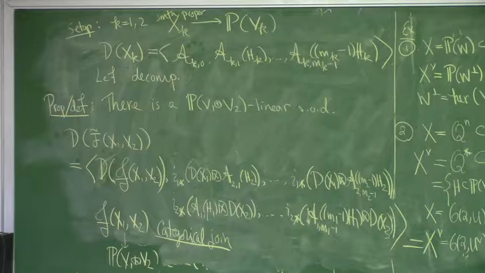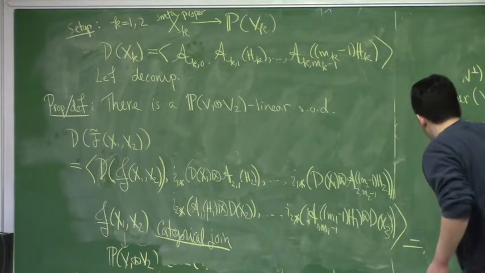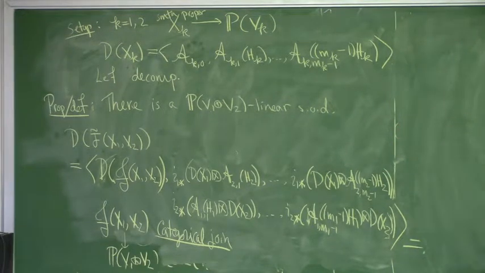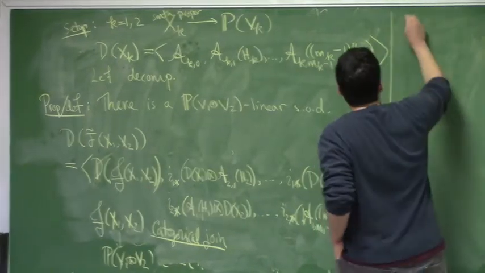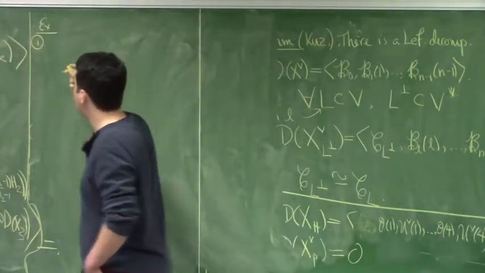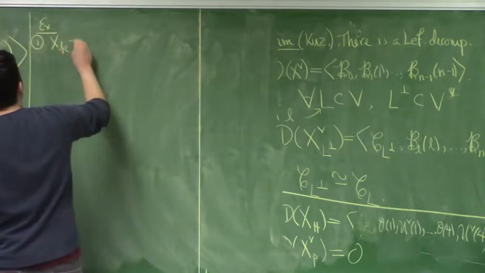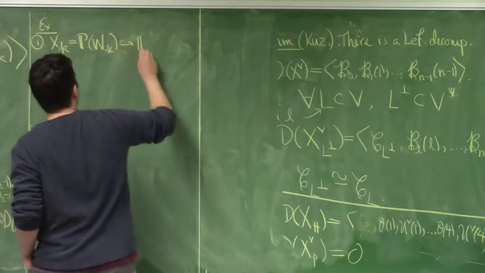Let me give you a couple of examples and then tell you the main theorem about it. Example 1: let's take both of these Xk to be a linear subspace Wk of Vk.